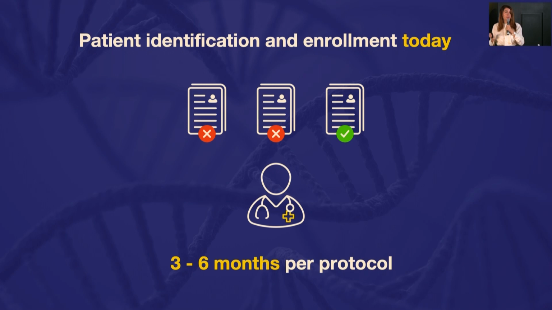That's a big, big burden for every hospital, and they even need to hire more resources in the field if they want to run more clinical trials in the hospitals.